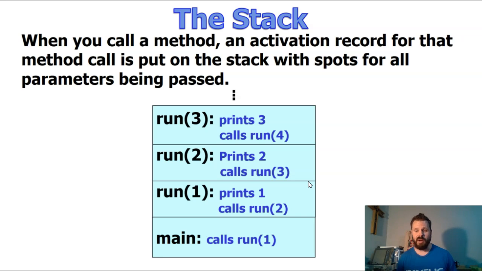Eventually, no matter how big and fancy of a computer you have, we're going to run out of memory. This is different than making an infinite loop, where we could say while true, print hello. That would print hello forever, but it's never going to run out of memory. When we have a recursive method like this, that could actually kill Java if we run it incorrectly.